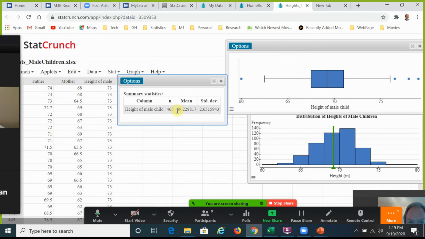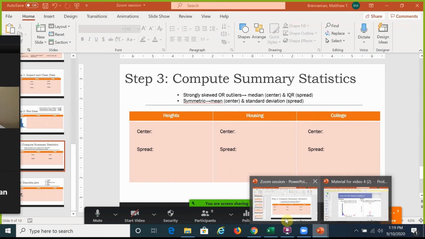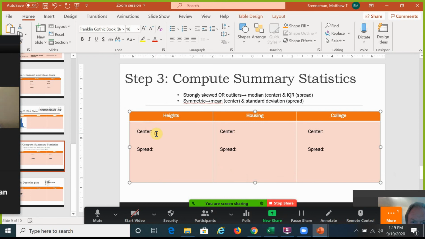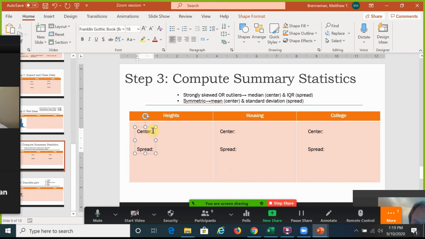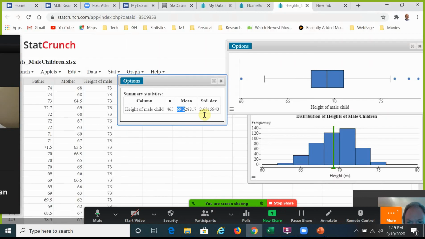So we have a mean height of roughly 69.2. And you can copy and paste, which will help you a lot on the exams. It'll save you a lot of time. So our center here is the mean, and its value is 69.2. And the spread is the standard deviation, and it's about 2.63.